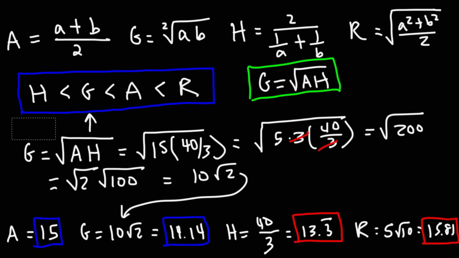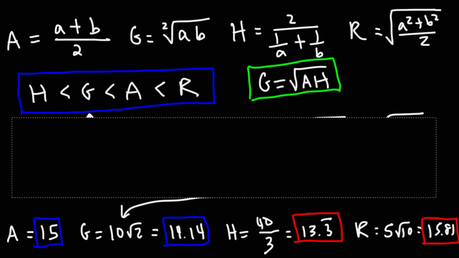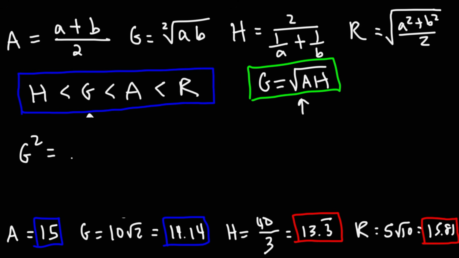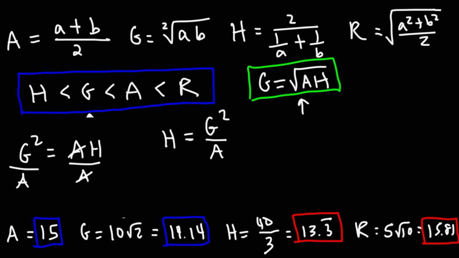Now from that formula, we can get some other formulas too. So if we were to square both sides of this equation, we'll get G squared on the left, and the square root symbol will disappear. So dividing both sides by A, we get that the harmonic mean is equal to the square of the geometric mean divided by the arithmetic mean.